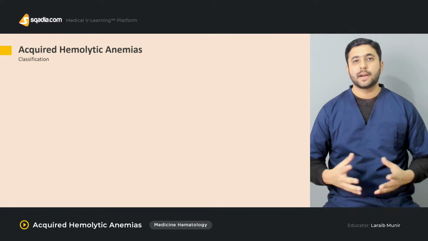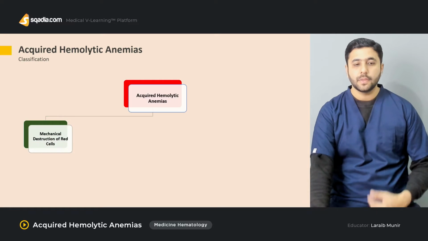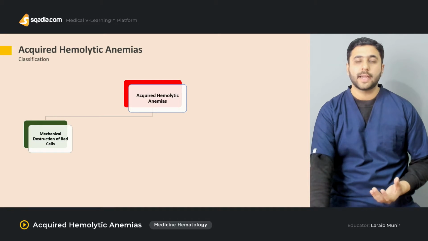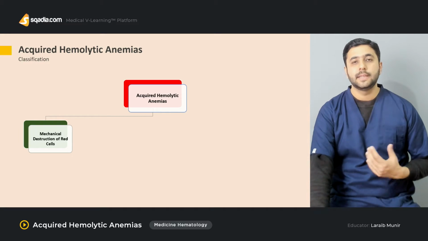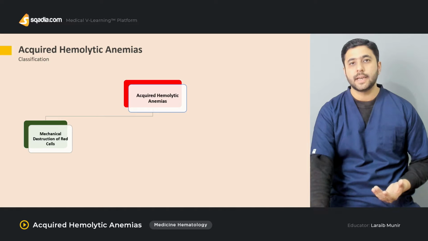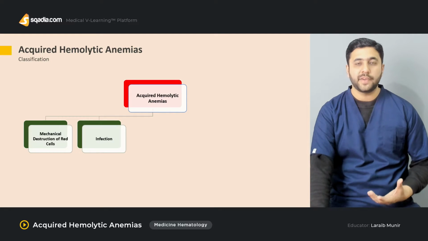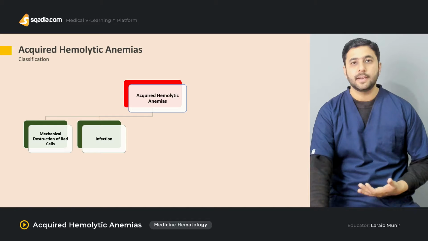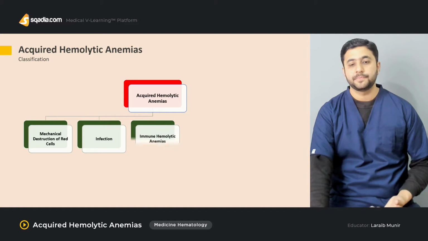Now let's start off by classifying these acquired types of hemolytic anemias. The acquired disorder can either be because of a mechanical destruction of red blood cells. Anything in the bloodstream that mechanically destroys the RBCs can lead to a hemolytic anemia. Similarly, certain types of infections, which we are going to talk about in detail, can also cause hemolysis of the RBCs, leading to anemias.